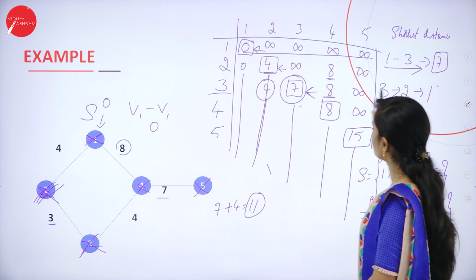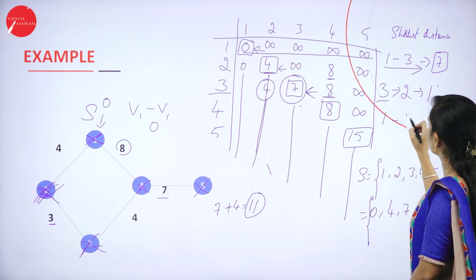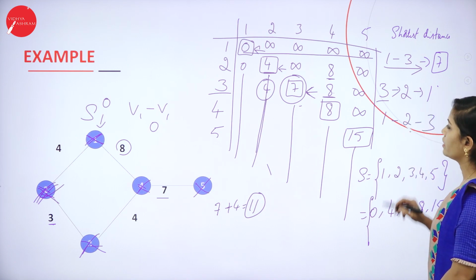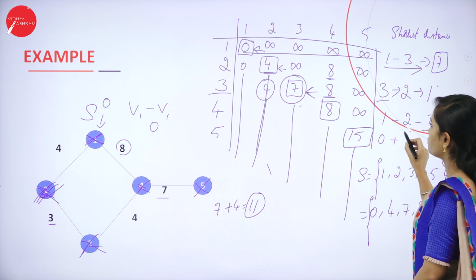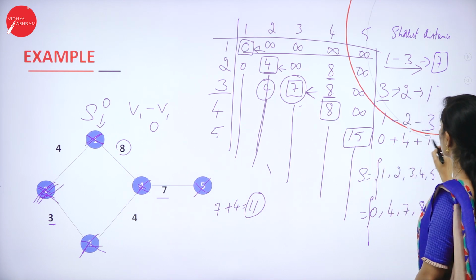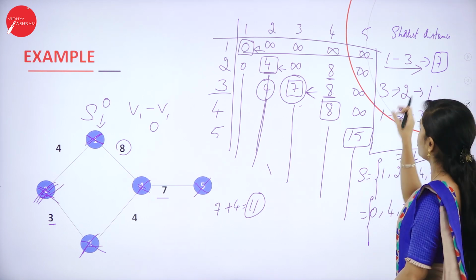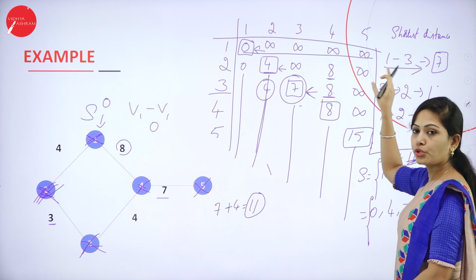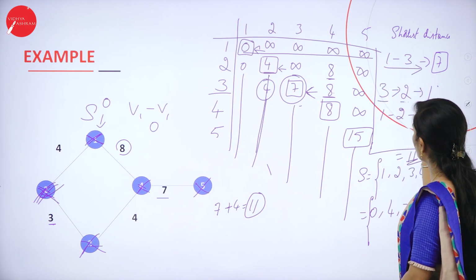So the path from 1 to 3 is 3 to 1 or 1 to 3. So 1 path value is 0, 2 path value is 4 and 3 path value is 7. It is 11. Clear? The shortest distance from 1 to 3 is 7 and the shortest path is 3 to 1.